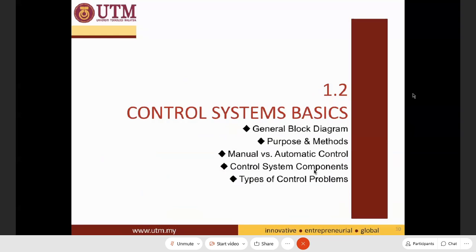Okay, so I need you to think of one system, one equipment, and draw the diagram for that system.